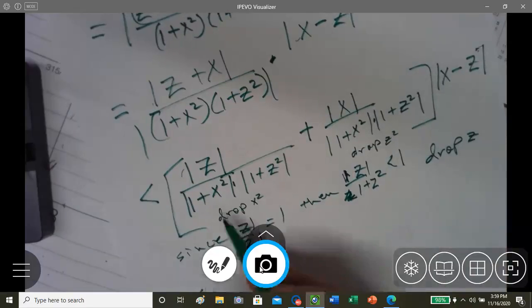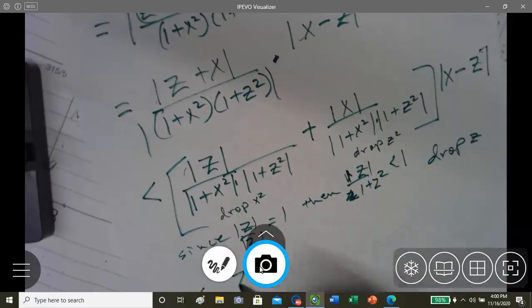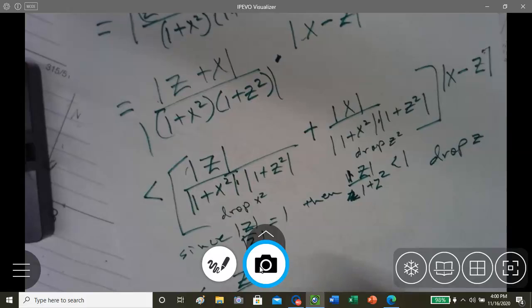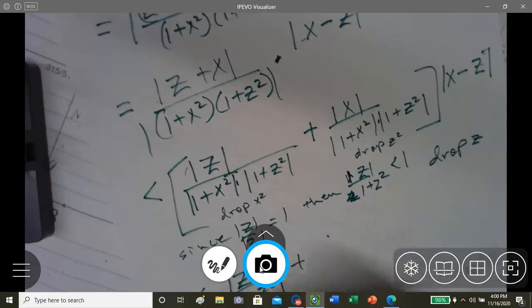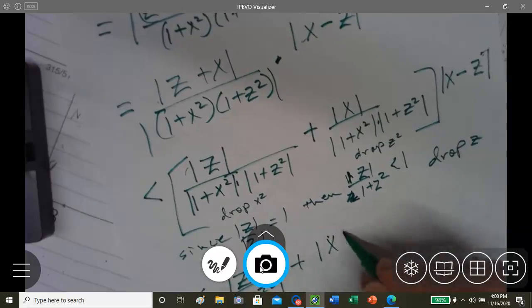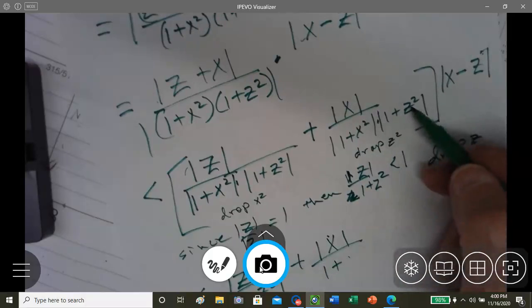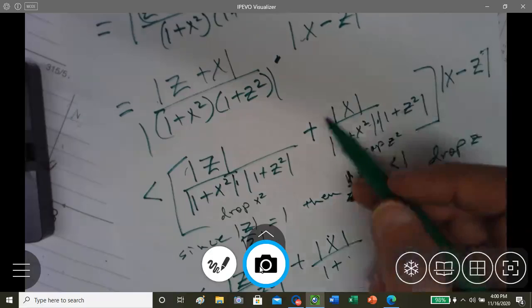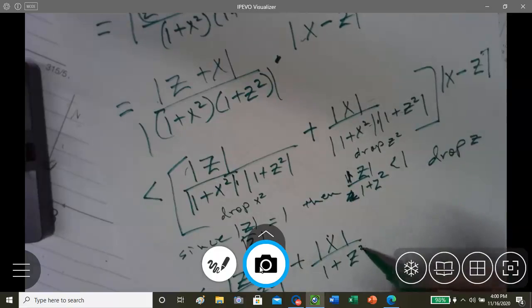So this is less than the absolute value of z over 1 plus z squared, plus the absolute value of x over 1 plus, and here we're dropping the z squared because this is smaller than this, 1 plus z squared.